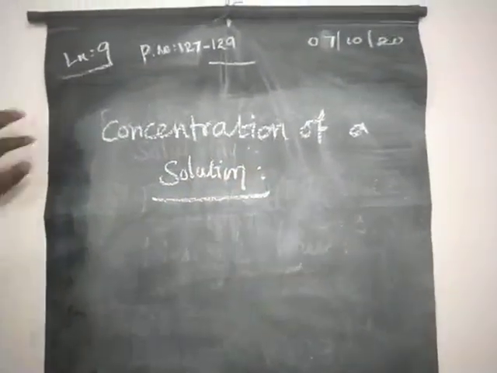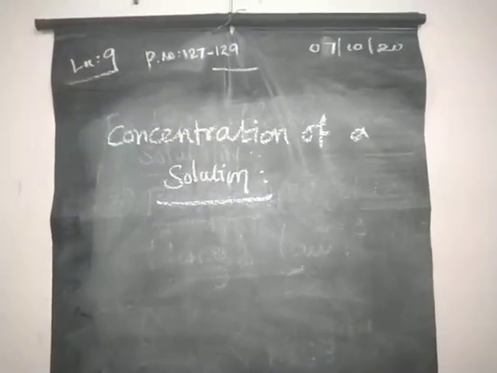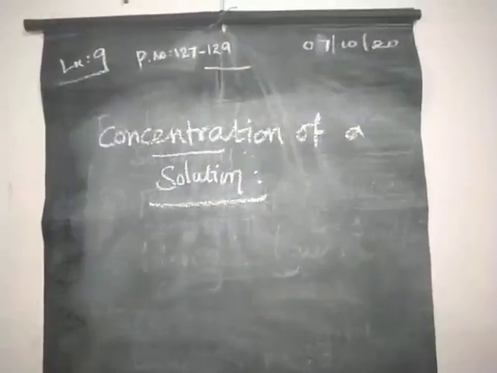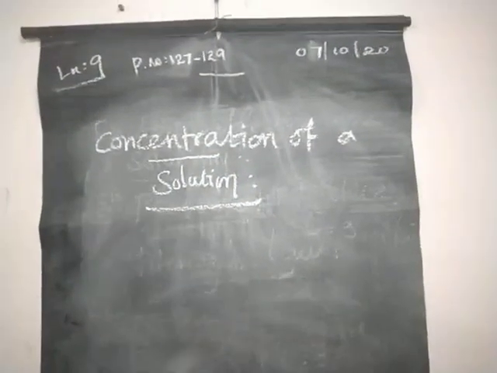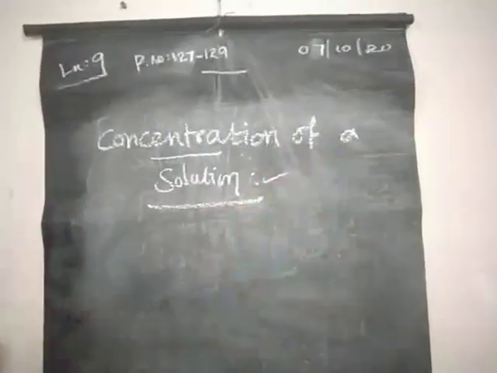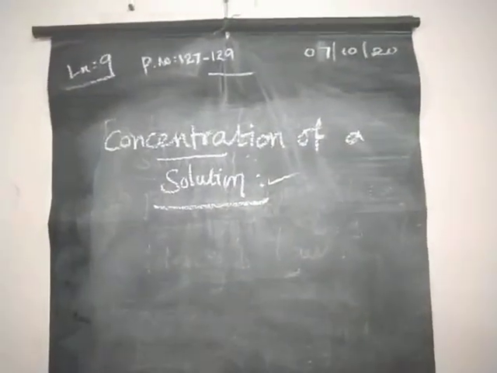What is meant by dilute? Based on the amount of solute present in a solution, we define concentration and dilute. Here, concentration of a solution. Most chemical reactions take place in what form? Solution form.